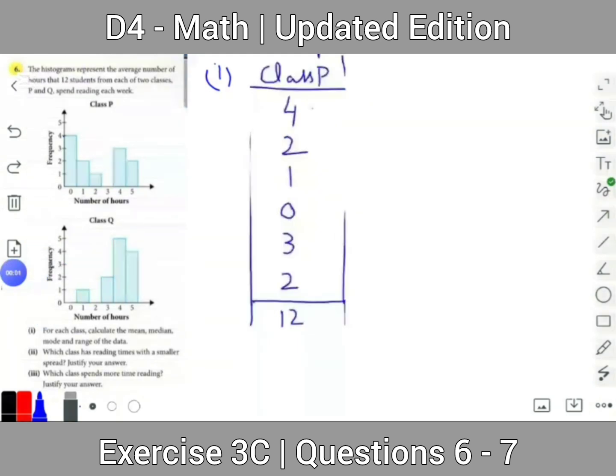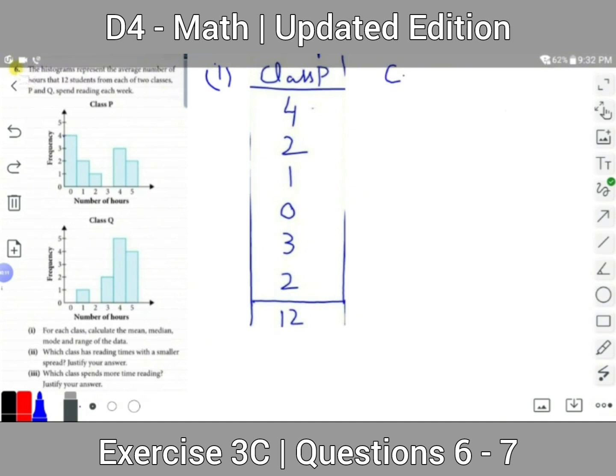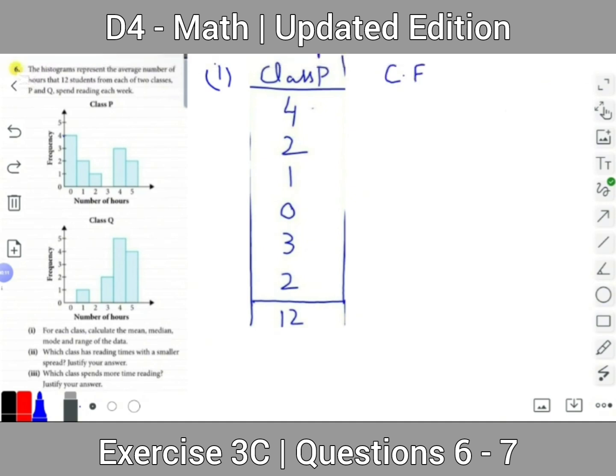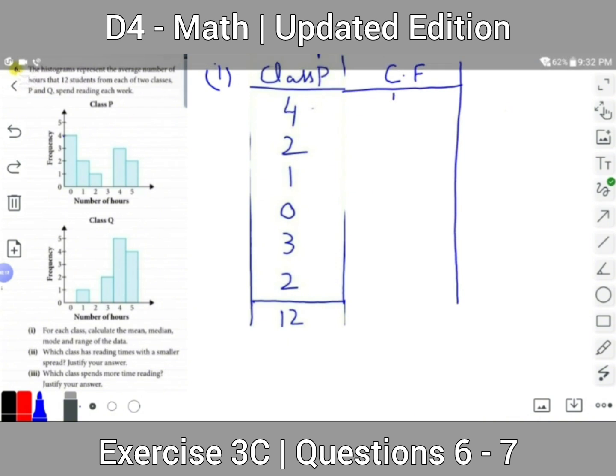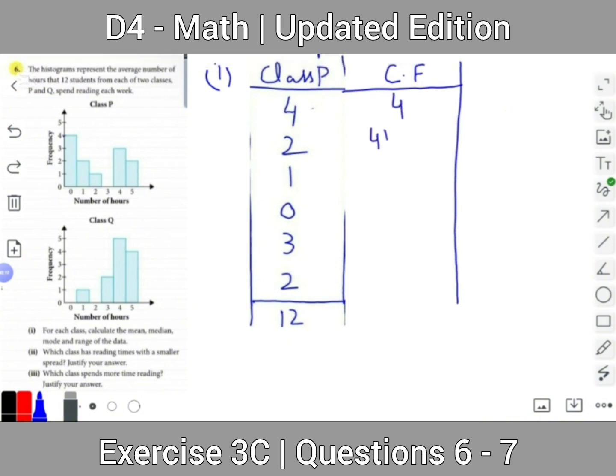Now to find the median, we have to find the cumulative frequencies for class P. So here we have 4 add 2 is equal to 6, add 1 is equal to 7, add 0 is equal to 7.